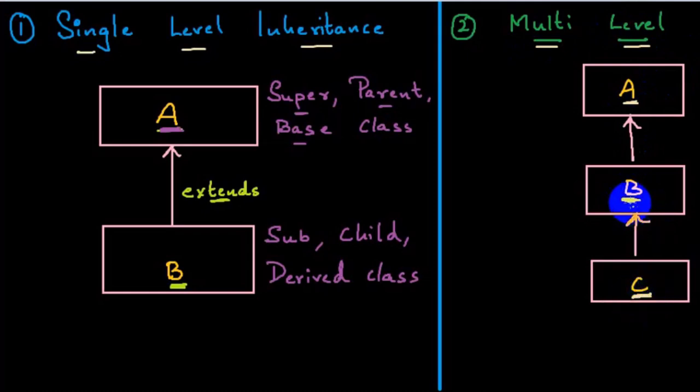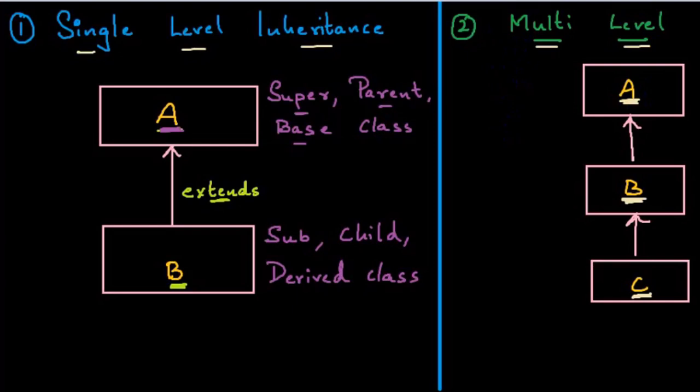Meaning C is inheriting from B, B is inheriting from A. Meaning son is inheriting from his father and his father is inheriting from his father. Meaning grandfather, father and son. Got it? Are you able to understand the hierarchy here? Grandfather, father, son. So that way, multi-level means it's a combination of multiple superclasses and subclasses in a sequential manner here. So this is what we are supposed to understand when it comes to multi-level inheritance here.